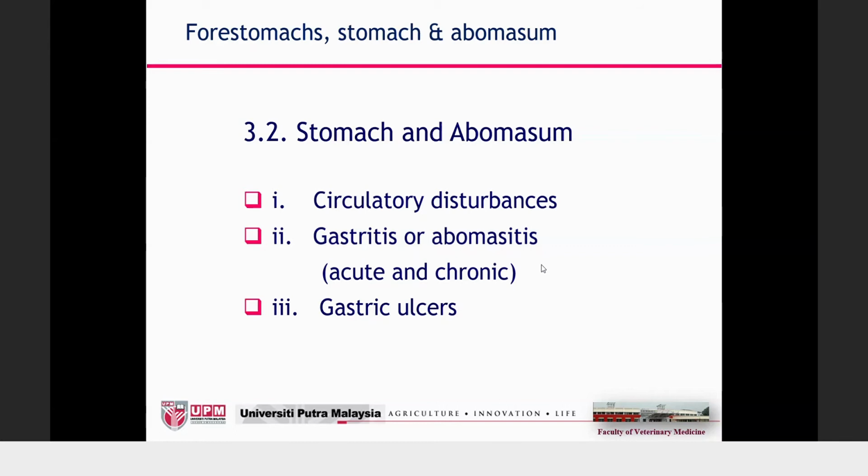Excessive hydrochloric acid could lead to autonecrosis, meaning damage and necrosis of the mucosa of the stomach. Usually it can cause erosion leading to ulceration if the damage is deep enough, involving the basement membrane. The other, of course, secretory disturbances are also important in the stomach.